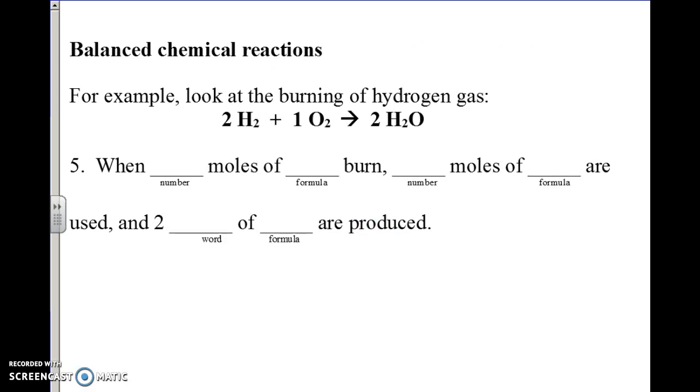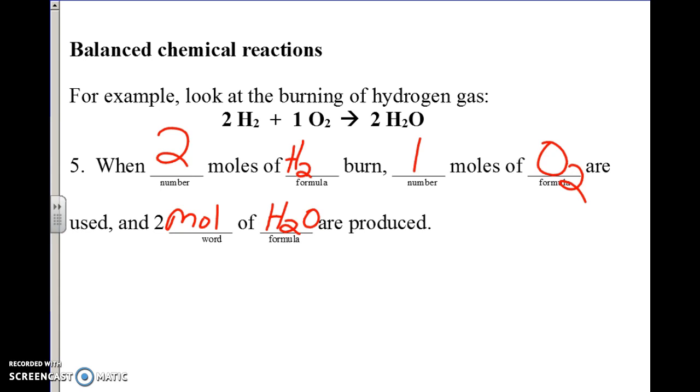All right, we're on the back side at this point. We're going to use this balanced equation that's there for us. When 2 moles of H2 burn, 1 mole of oxygen is used, and 2 moles of H2O are produced.